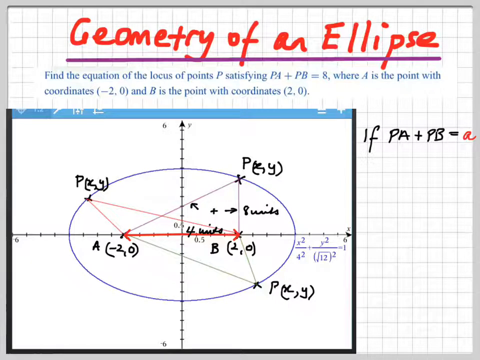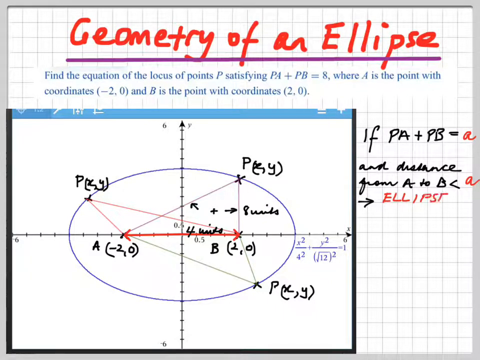So if PA plus PB equals, I'll call it little a, and the distance from A to B is less than a, then you've got an ellipse. Now that's what I was just saying, so just digest that. The length of the string is little a, the distance from capital A to capital B is less than little a, yes, you've got an ellipse, okay?